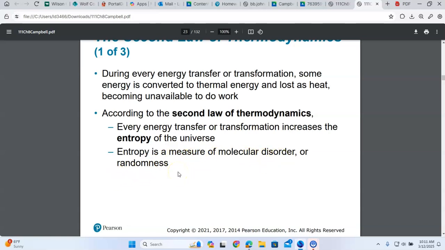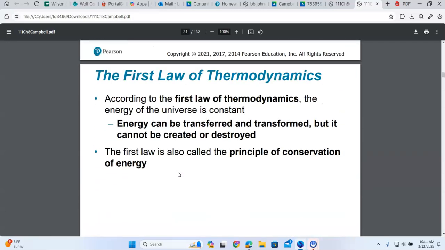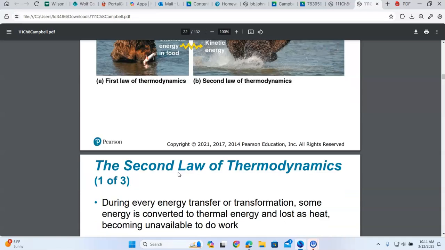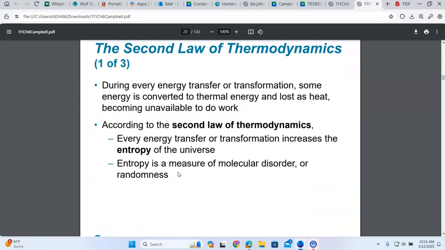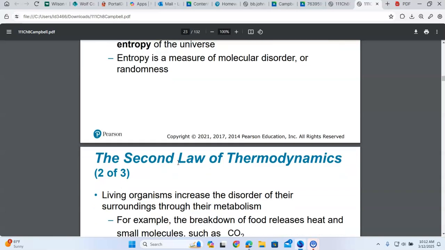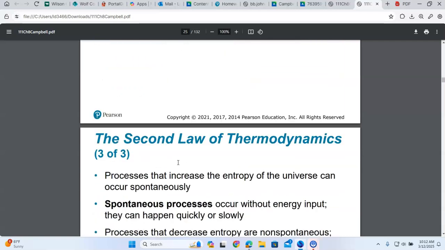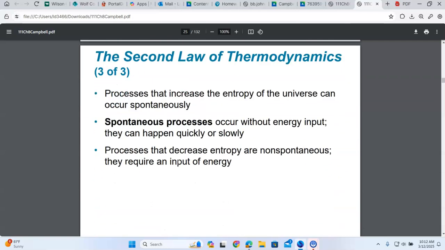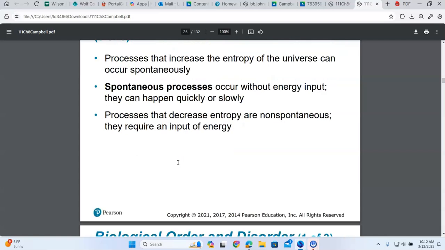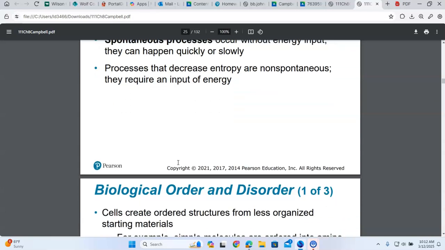So again, the first law just says energy can't be created or destroyed. The second law says that during any energy transformation, any transfer of energy, that is always going to increase the entropy or the disorder of the universe. That's the second law of thermodynamics. Sometimes the processes that increase the entropy are spontaneous, and sometimes they're not.